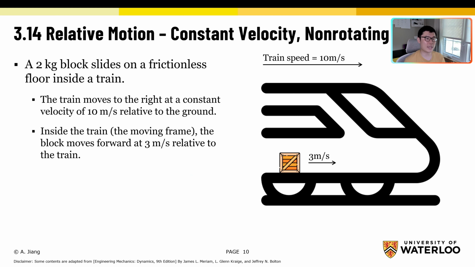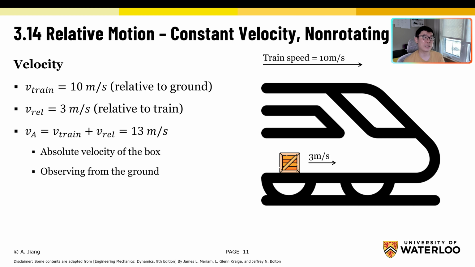Let's look at one example here to test out some of the concepts we just learned. I have a 2 kilogram block that slides on a frictionless floor inside a train. The train moves to the right at a constant velocity of 10 meters per second relative to the ground. Inside the train, which is the moving frame, the block moves forward at 3 meters per second relative to the train. The first step is to identify the variables, and understand which ones are absolute and which ones are relative.